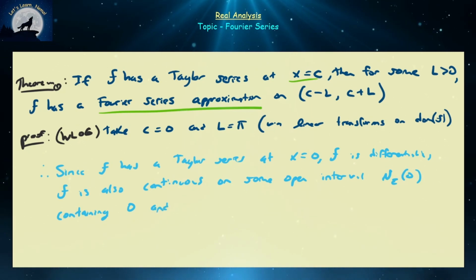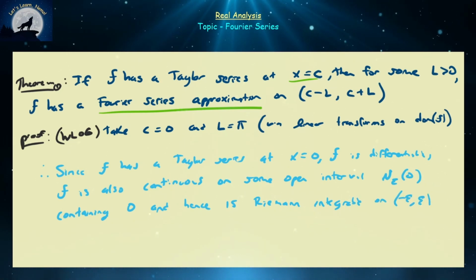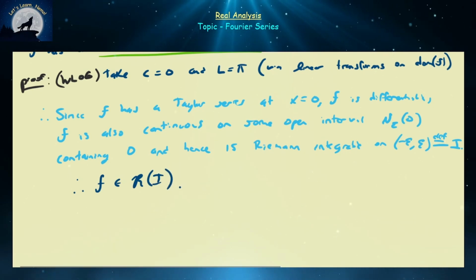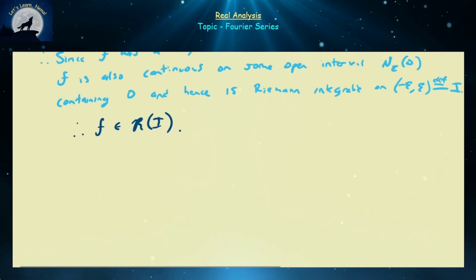And hence f is Riemann integrable on minus epsilon to epsilon, which I'm going to define from here on as the interval I. So we can say, in a more compact form, that f belongs to the set of Riemann integrable functions on interval I. Now let's define a couple more functions.